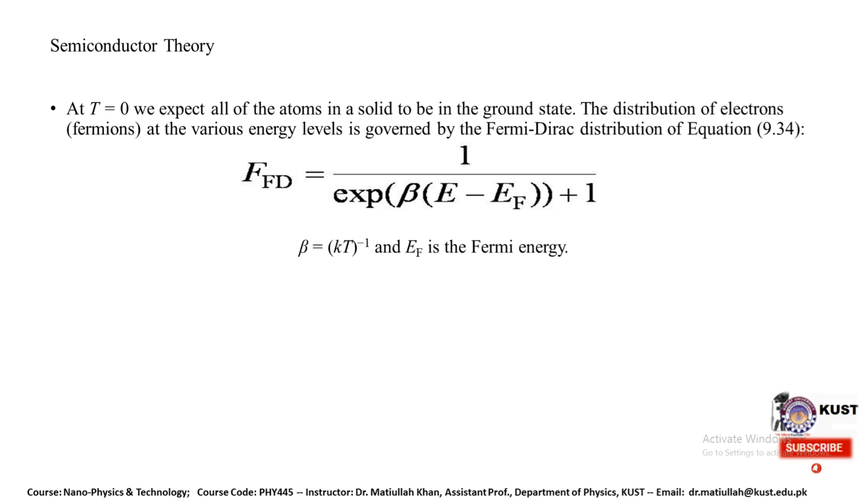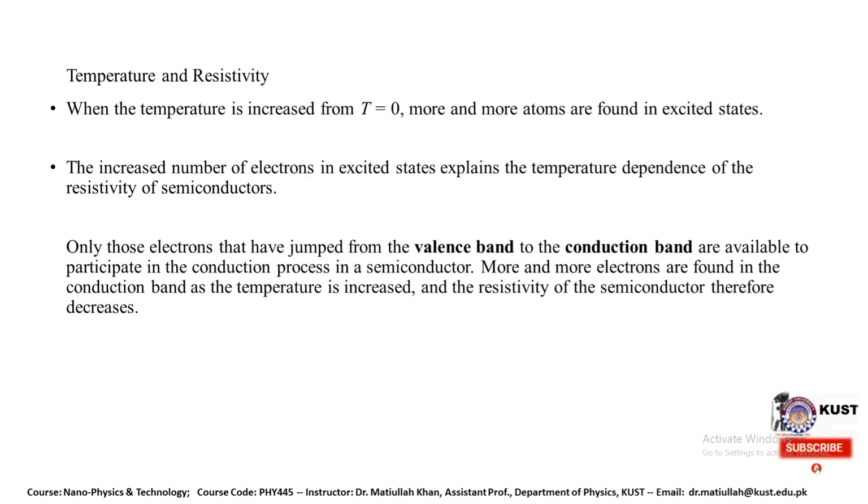In semiconductor theory, at 0 K the valence band is completely full and the conduction band is completely empty. That is why there is no current at 0 K in a semiconductor. There is a relationship between temperature and resistivity, as we discussed in the earlier slide. When the temperature is increased from 0, more electrons can be excited.